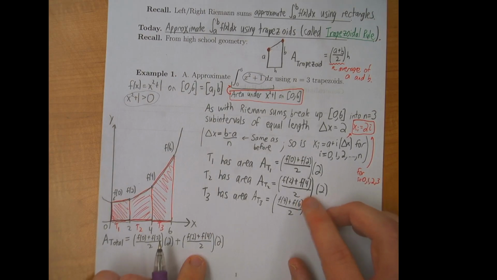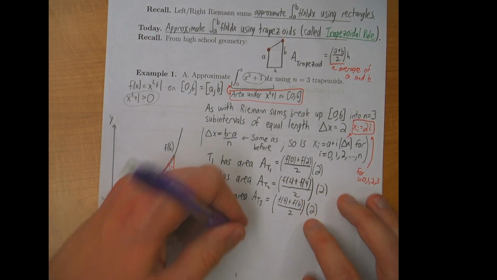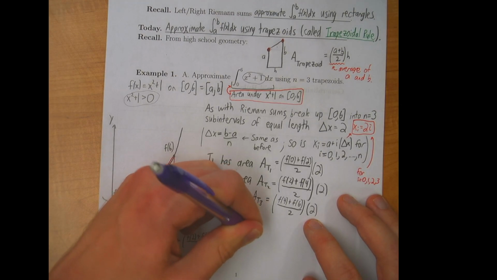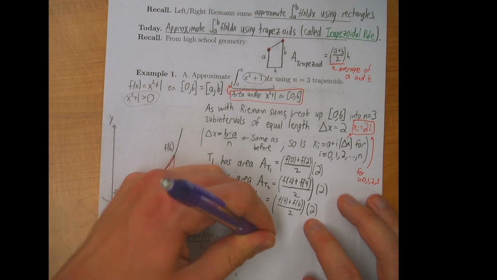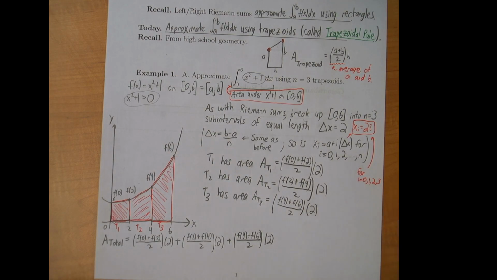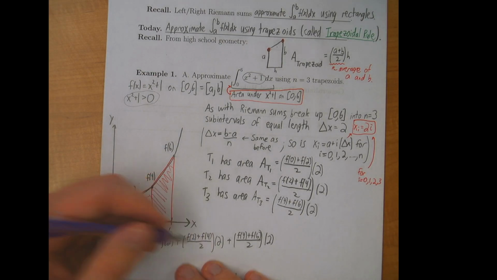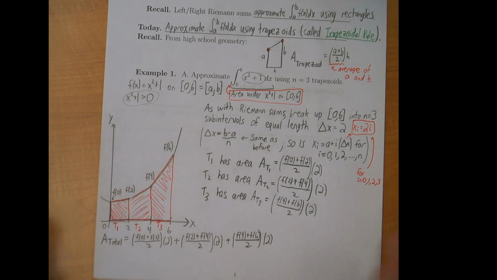So this is the area of the second trapezoid, and then add the area of the third trapezoid. So f of 4 plus f of 6 over 2 times 2. Okay. So again, at this point, we can still go ahead and cancel out these 2's here, but again, we're going to leave these alone, and you'll see why.